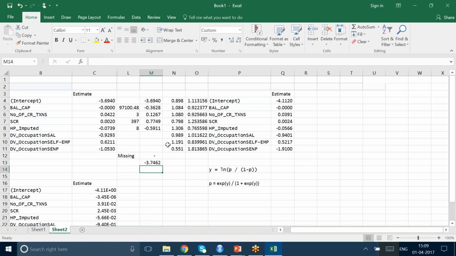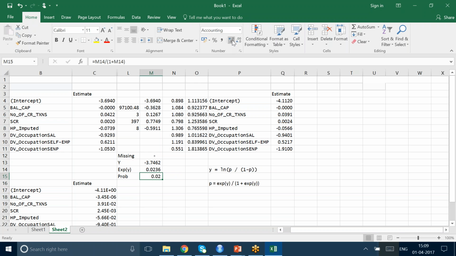So what I'll do, this is y. So exp y I'll compute, is equal to exp y. And now I have to compute the probability. And the formula is exp y upon 1 plus exp y, which is this divided by 1 plus this. 0.02.